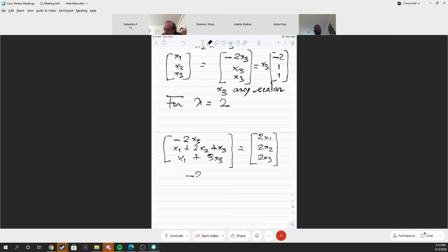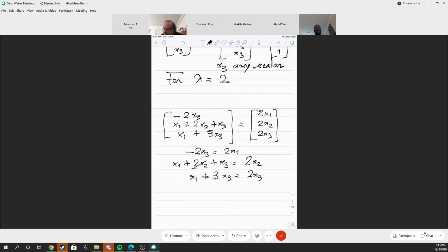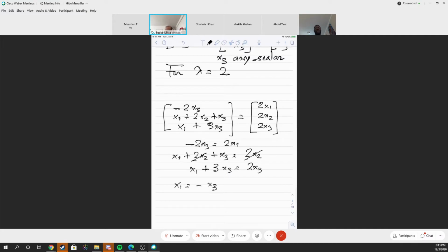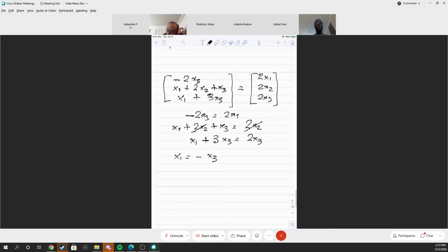So minus 2x3 is equal to 2x1. So this cancels out. So x1 is equal to minus x3, and x2 is anything. x2 is free.